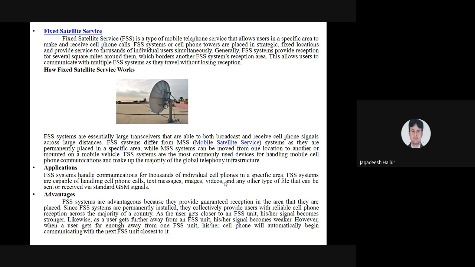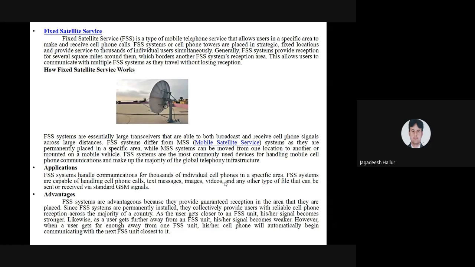Whatever network you are accessing is available within about several square miles. Once you cross that border, you connect to the other base station, that is another fixed satellite service.